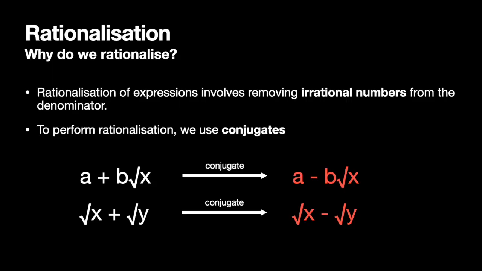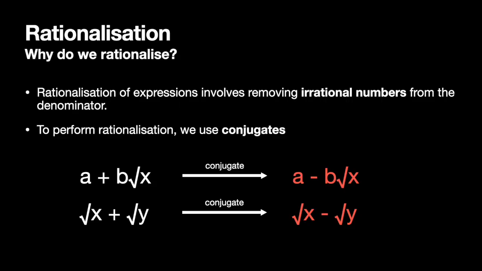To perform rationalization, we use conjugates. And the conjugate is simply the negated version of an expression. For example, if we have the expression a plus b times the square root of x, we can say its conjugate is a minus b times the square root of x.